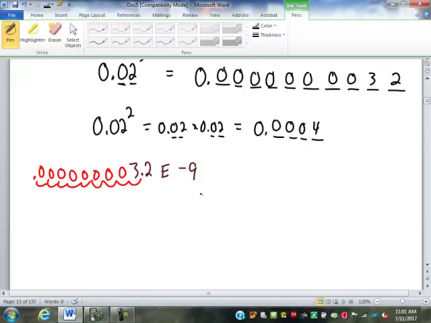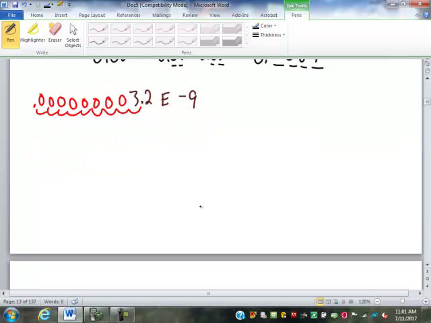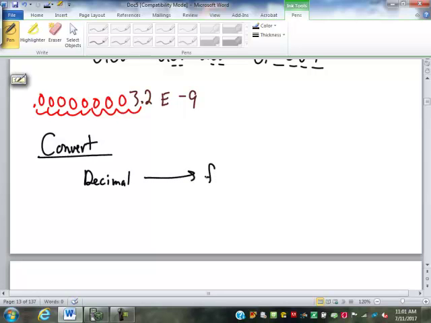Okay. Other things we'll have to do for our test: you're going to have to convert a decimal into a fraction. So if I have 0.085, that's going to become 85 over what? 100.